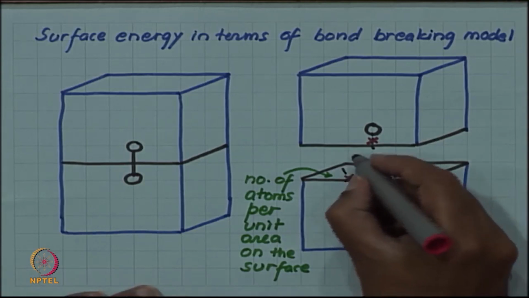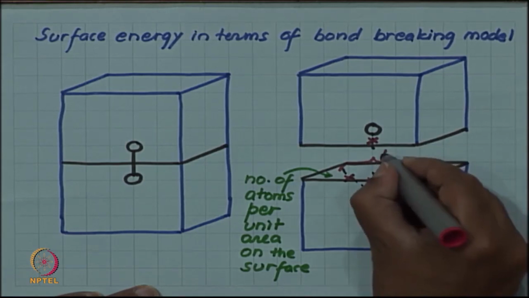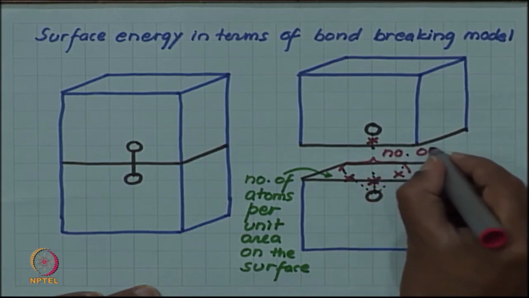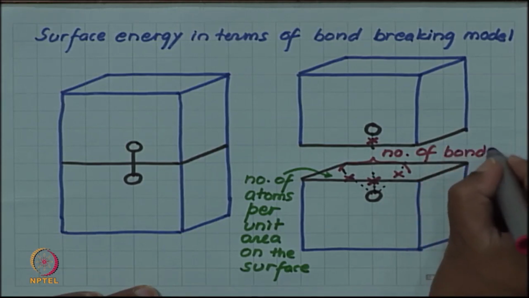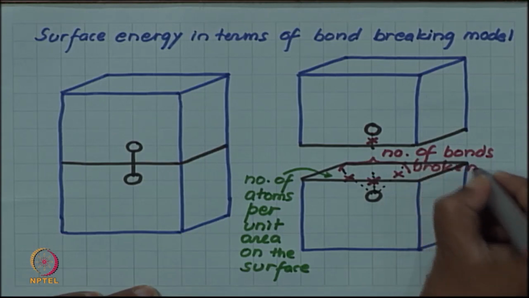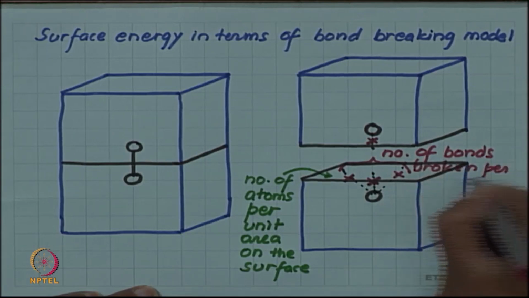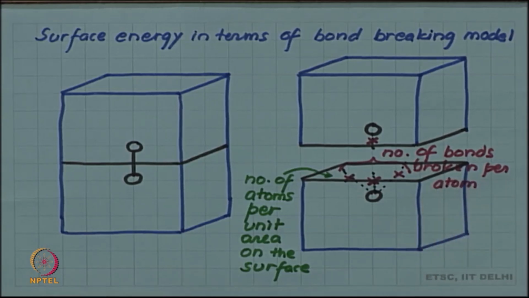So, another quantity which you need is the number of bonds broken per atom on the surface.